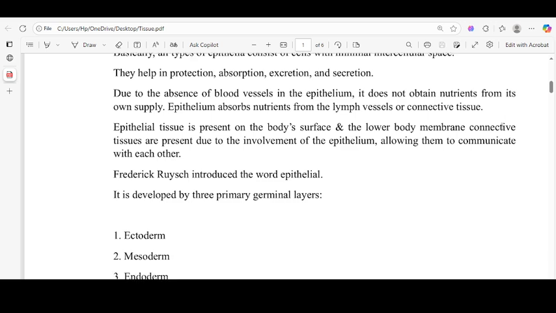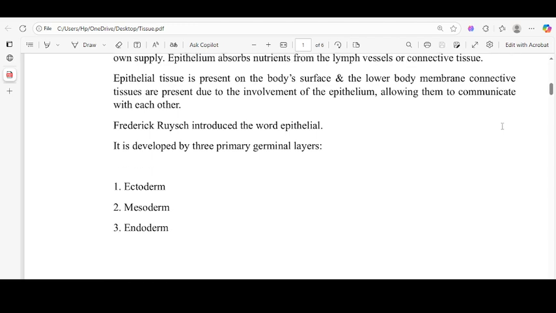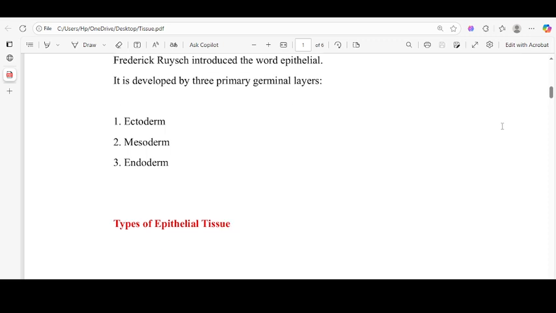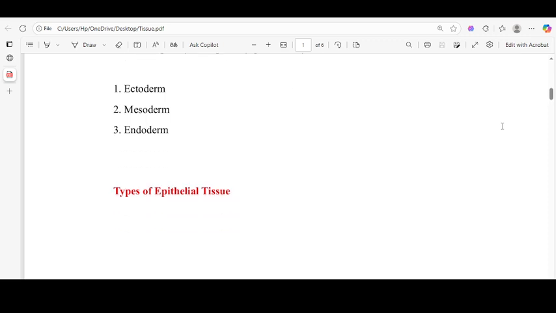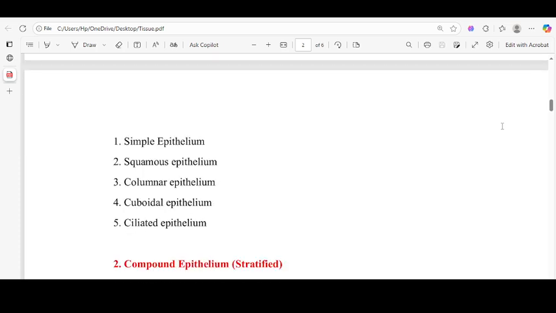Frederick Ruysch introduced the word epithelia, and it is developed from the three primary germinal layers: ectoderm, mesoderm, and endoderm. Further, the types of epithelium tissue are classified. First is simple epithelium: squamous, columnar, cuboidal, and ciliated epithelium tissue.